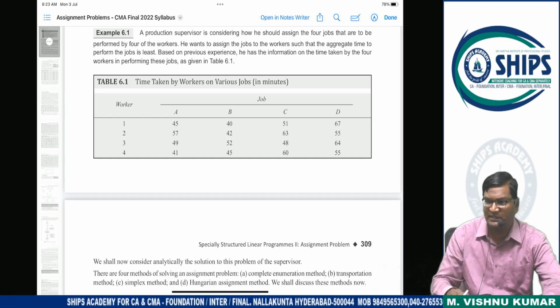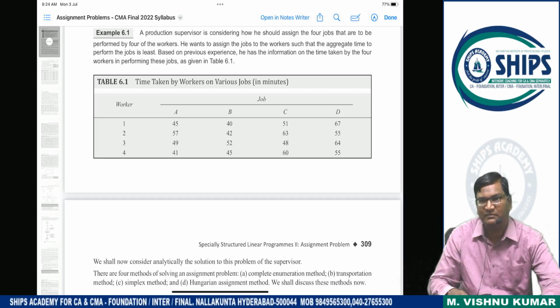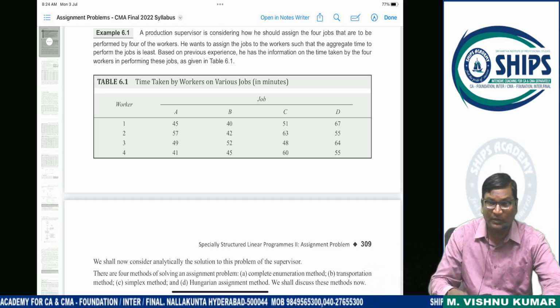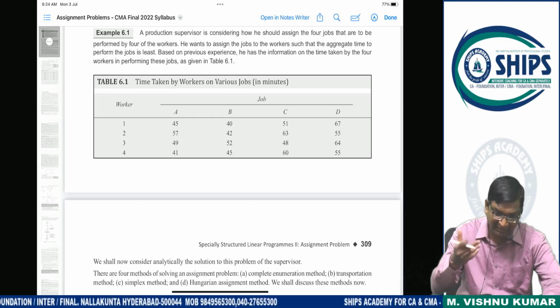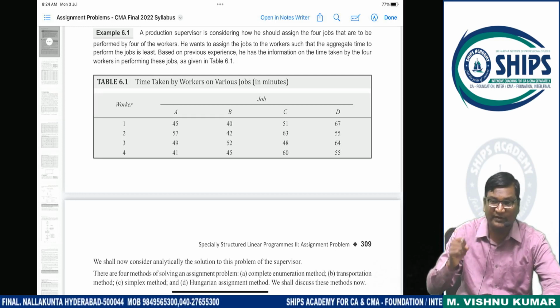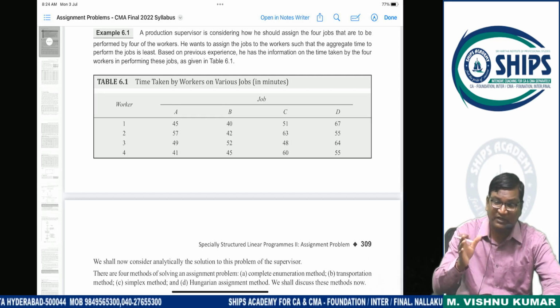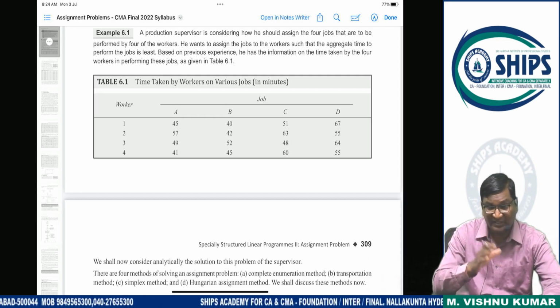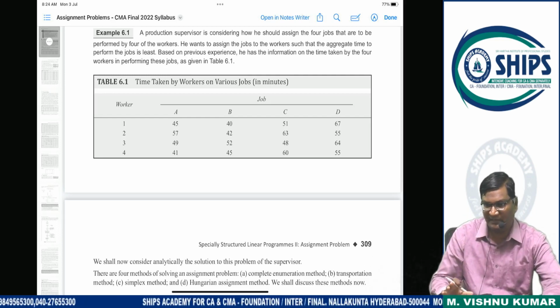Your cost will increase and your work will not be completed on time also. There is a requirement to complete everything on time. And always what you are thinking is minimization of cost, maximization of profit. So you have to allocate the work to which worker? The worker who can do things in an efficient or fast way. Understand?